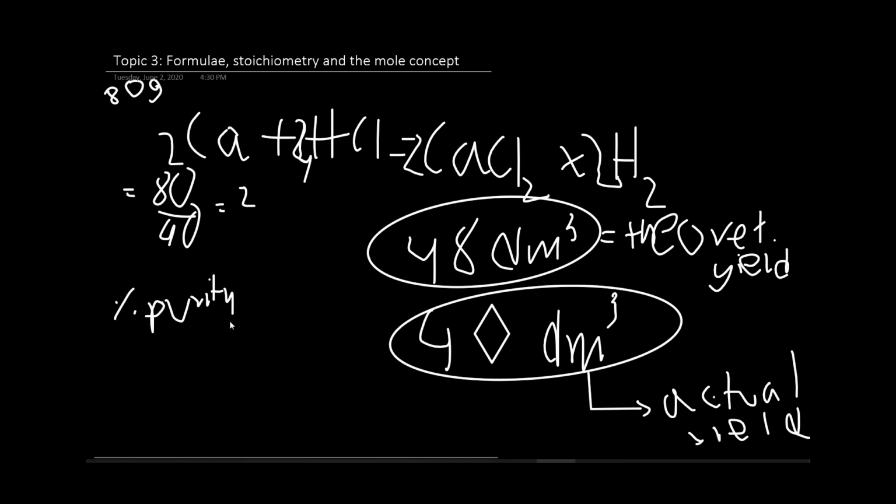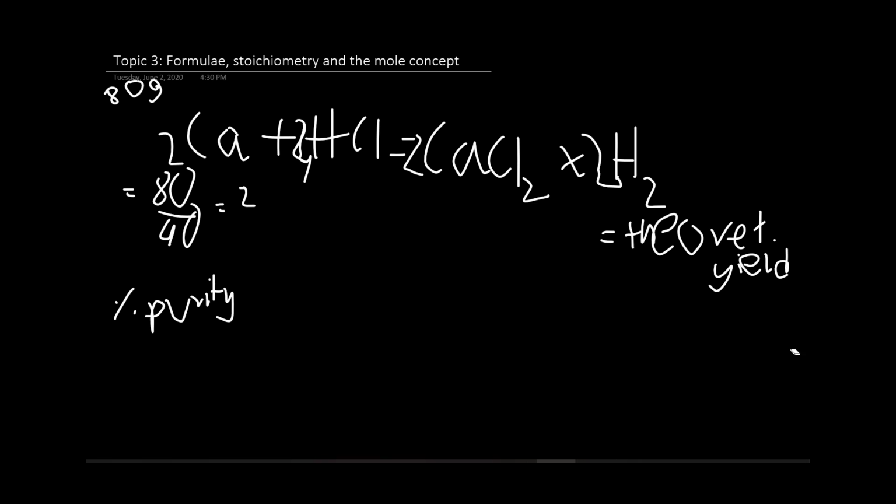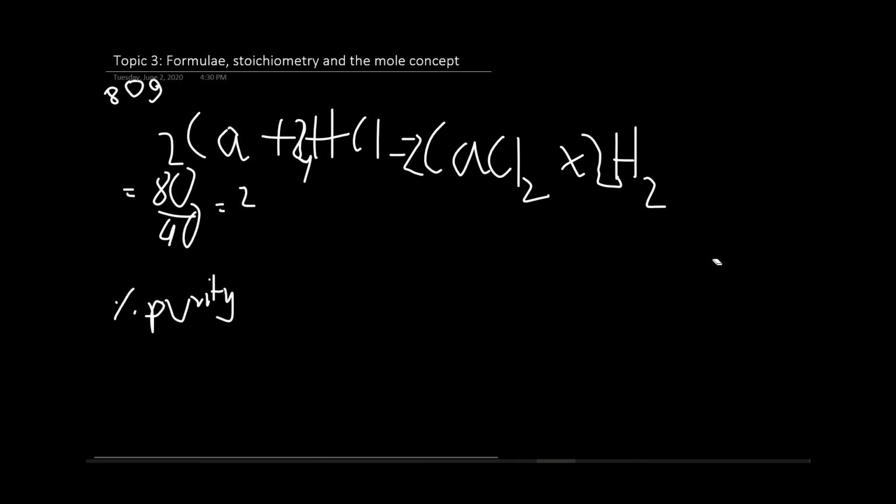Using the same example, you have received a lesser amount of product than you were supposed to receive, which clearly indicates the presence of impurities in your reactants. The fact that you received a lesser amount of product than you were supposed to receive only confirms the presence of impurities in your reactants.